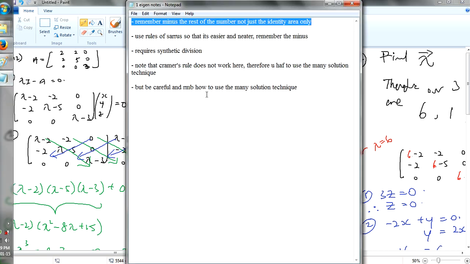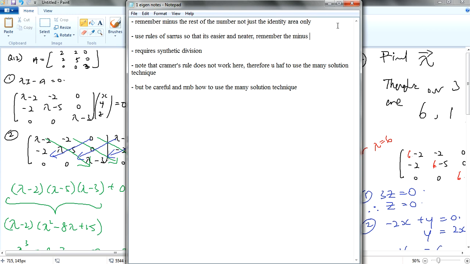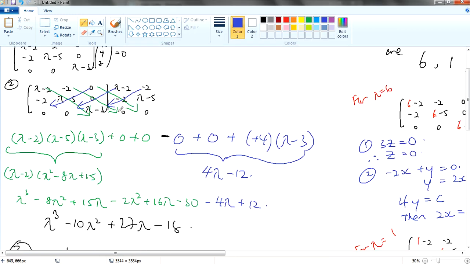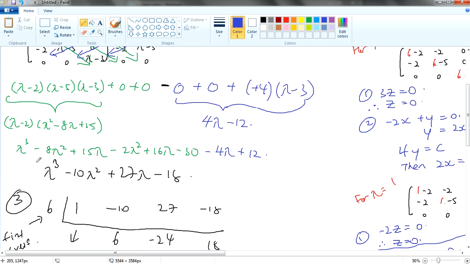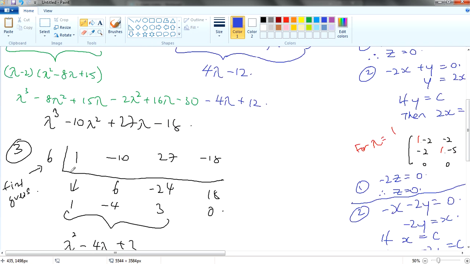You have to change from positive to negative or negative to positive because you're minusing. And then you use your rules of Sarrus. It's a very safe method compared to the determinant method, although the determinant method also is useful when you're doing other things.